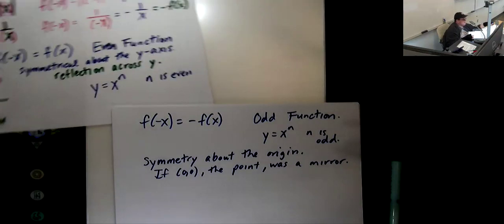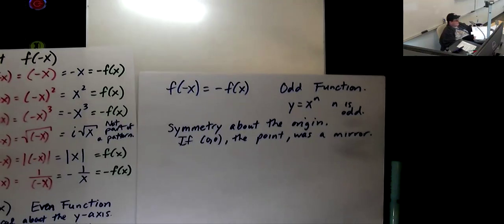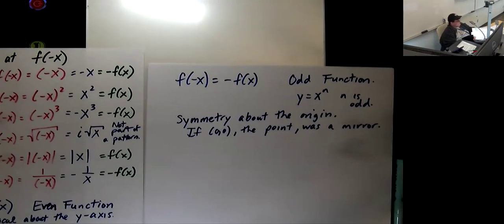I'll show you how to visualize it, but you'll never use it the way you'll use symmetry of even functions to speed up graphing. You just do one side and copy to the other. I don't know that it's really useful for the odd functions.